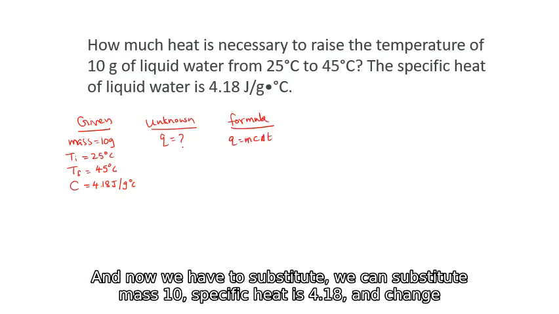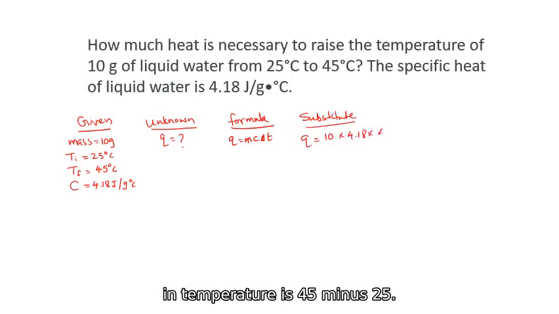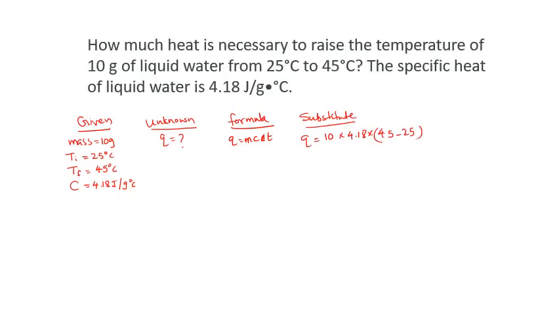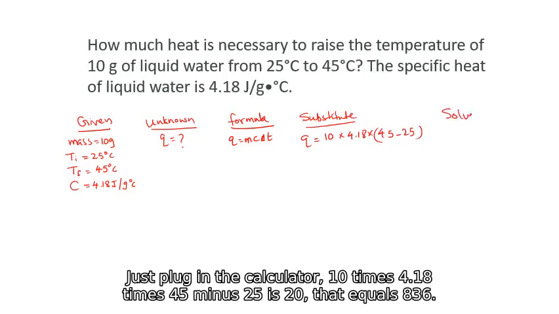And now we have to substitute. We can substitute mass 10, specific heat 4.18, and change in temperature 45 minus 25. Then we can solve it, just plug into the calculator.